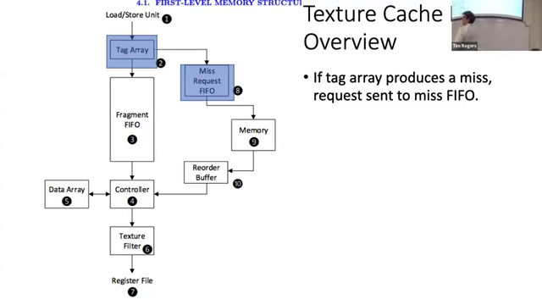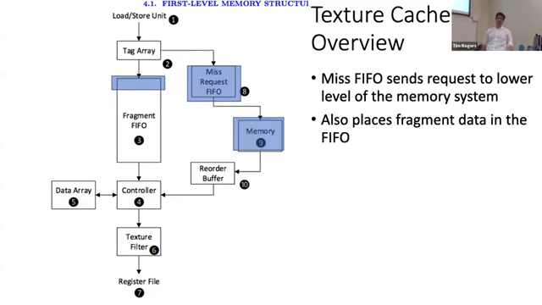We need a FIFO because memory might not be able to keep up. There's buffers everywhere in modern systems, right? So you've got a simple FIFO here that's going to go to the memory system once the memory system has enough capacity to take the request. And when you miss in the tag array, we're still going to insert an element in this fragment FIFO. And it's still going to get cycled each time until you get to the head.